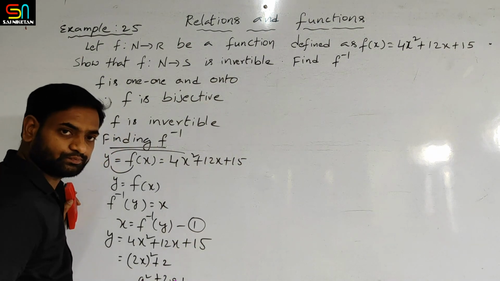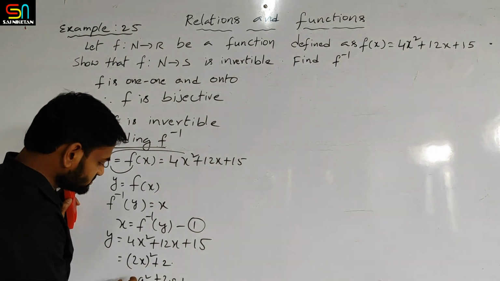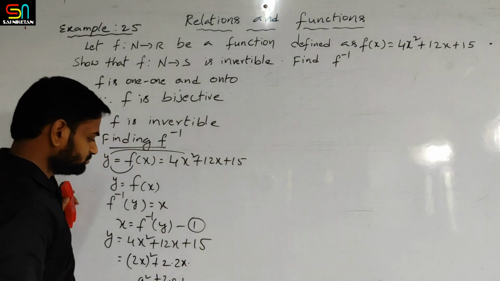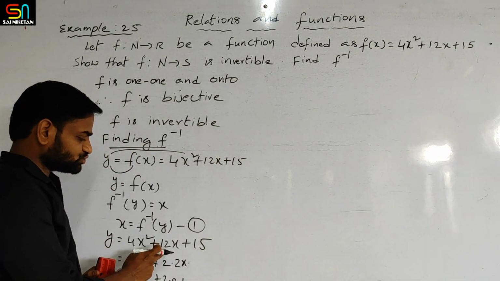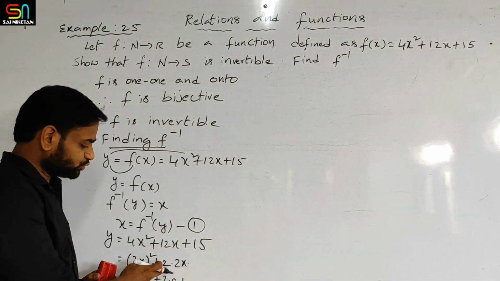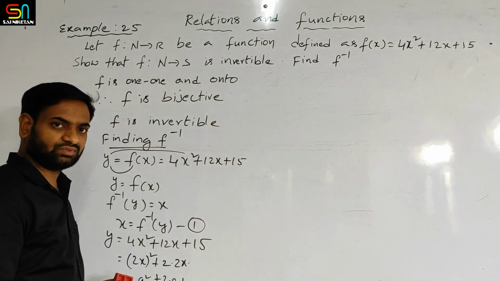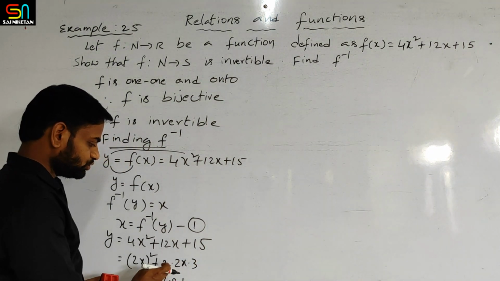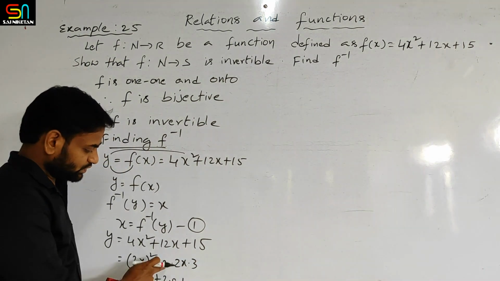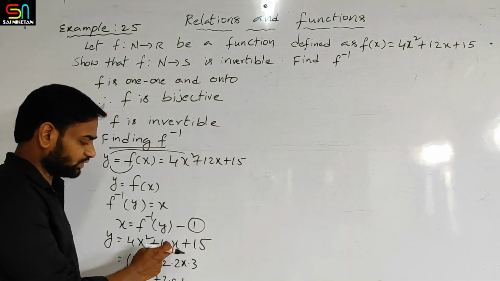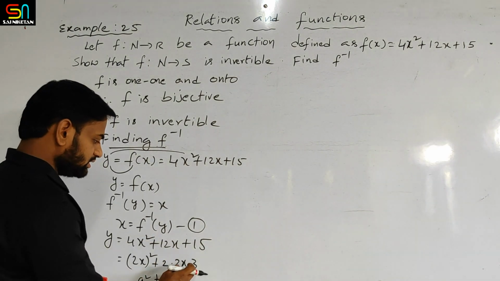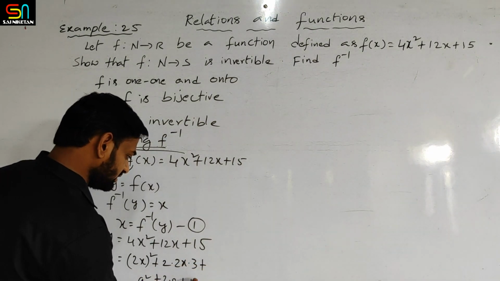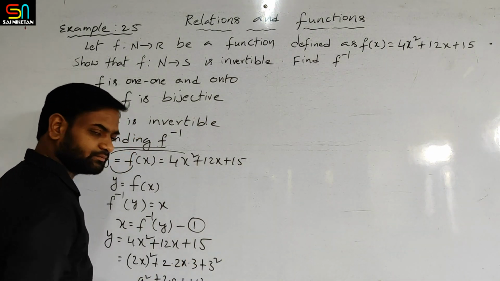That's why 2. What is the a value now? A value is 2x. Now see here, the second term 12x is there. But here 2 into 2, 4x is there. Still you want 3. 2ab: 2 into 2, 4, 4 into 3, 12. 2ab. Now the b value is 3, plus b square, plus 3 square.